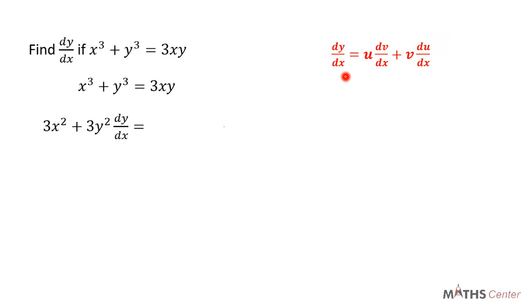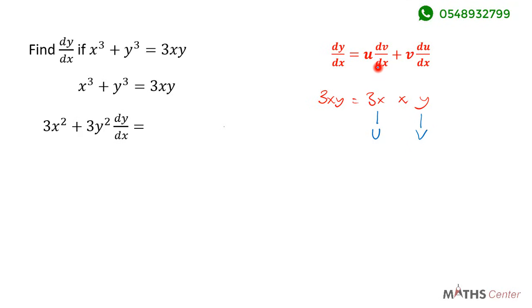So here we have to indicate what will be u and what will be v. Now that's what I'll do. I'll separate 3xy into 3x times y, right? So I'll treat the 3x as u and then the y as v.